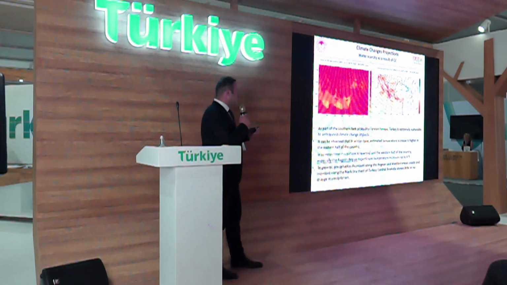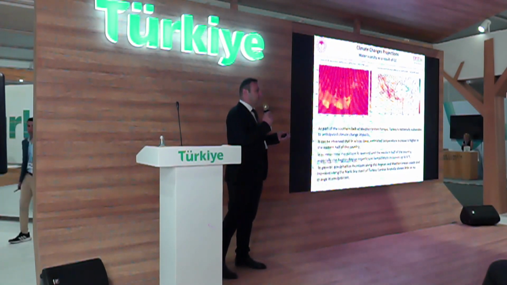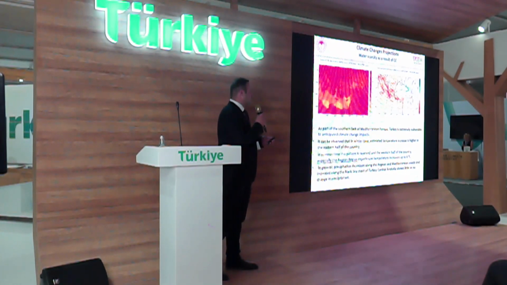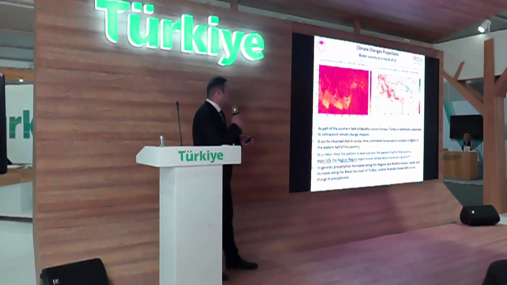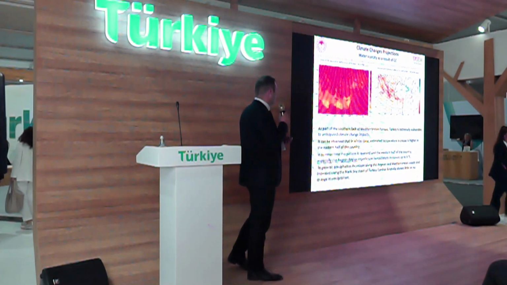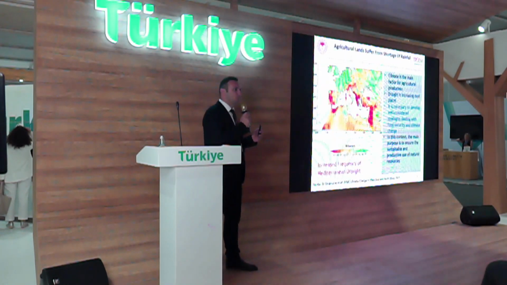Shortly, in general, precipitation decreases along the Aegean and Mediterranean coasts and increases along the Black Sea coast of Turkey. Central Anatolia shows little or no change in precipitation.